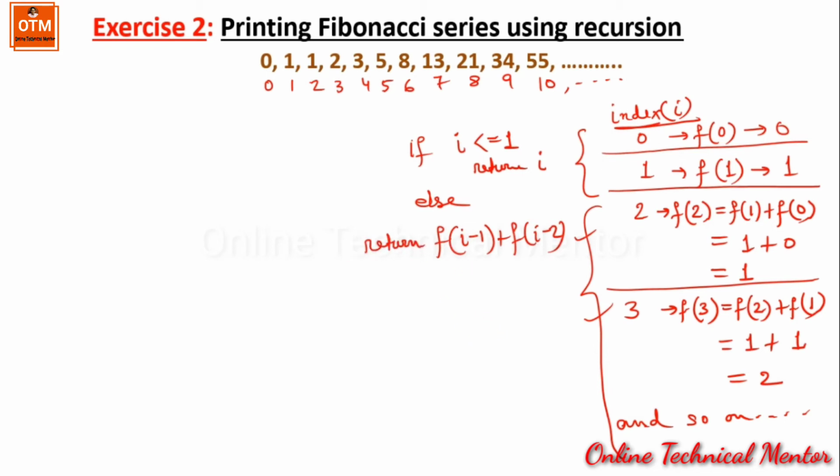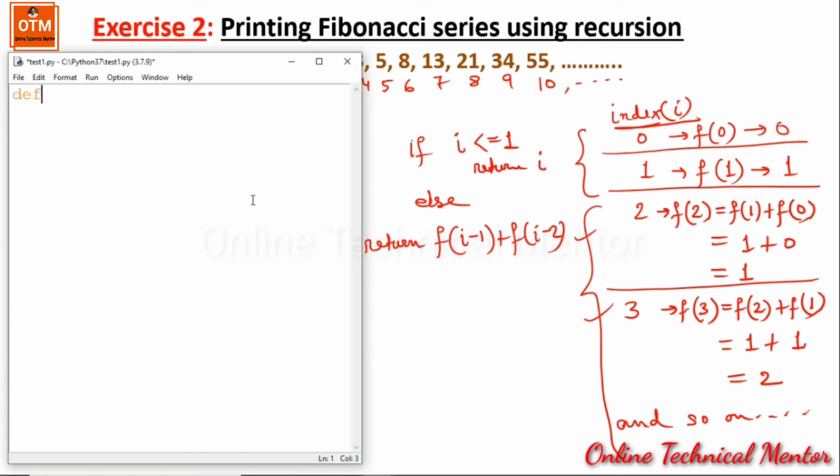Let me write down the program for you. First of all, let me define a function, say Fibo, and the argument is i. The first condition is: if i is less than or equal to 1, it will return the corresponding i.